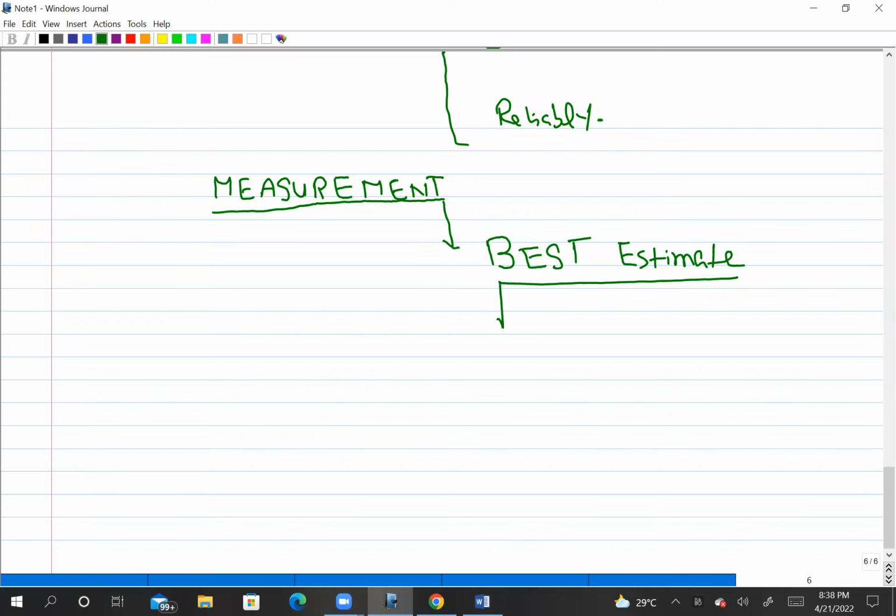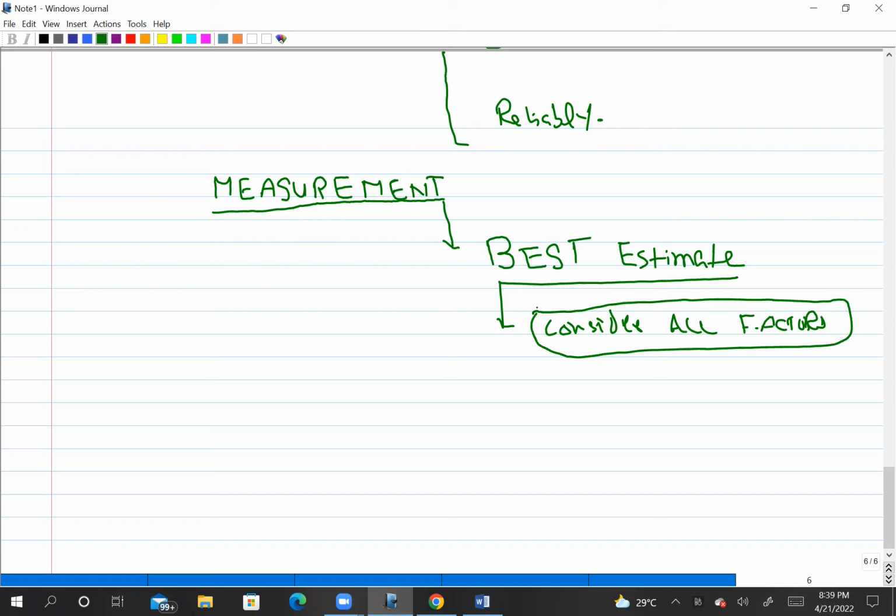Best estimate means while measuring the provision, we have considered all factors.